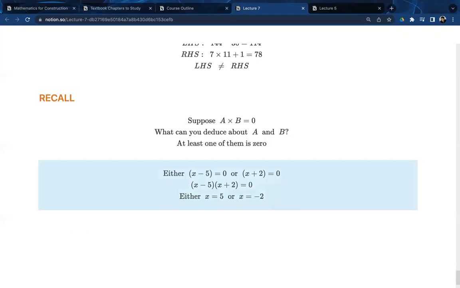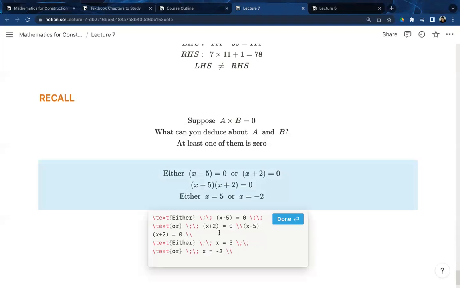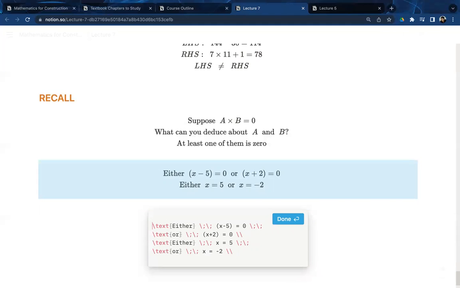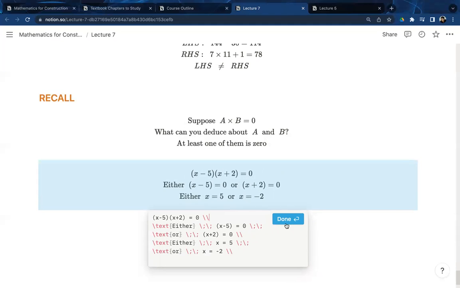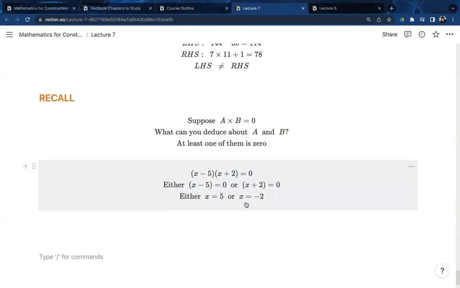Okay. Is it possible for x to be 5 and -2 at the same time? Does that make sense? No. No, right? So you see the problem.